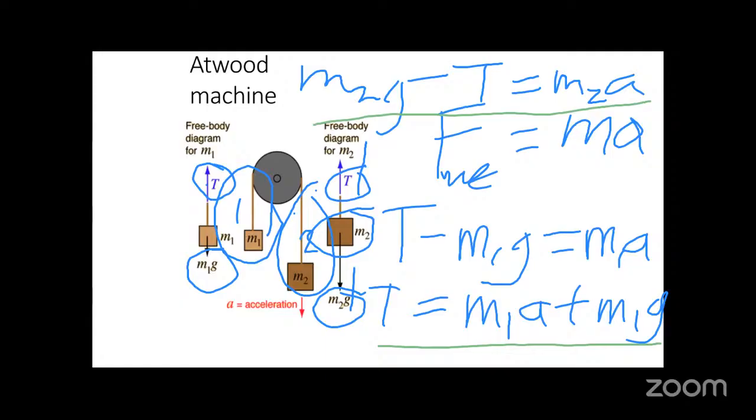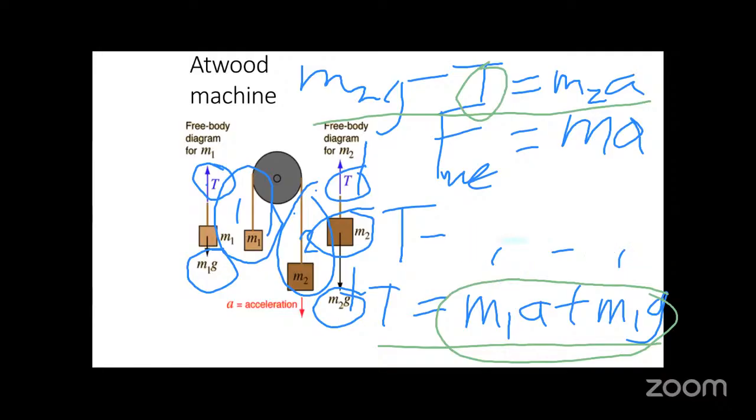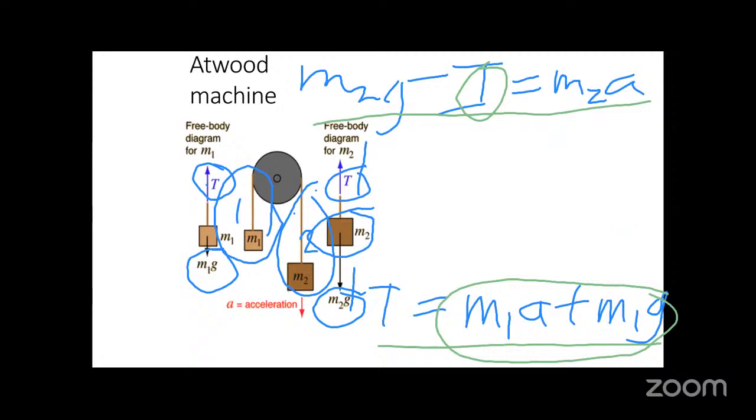So we can substitute equation 1 into equation 2 to replace T. When we do that, our expression will be M2G minus, in bracket, M1A plus M1G, in bracket, is equal to M2A.